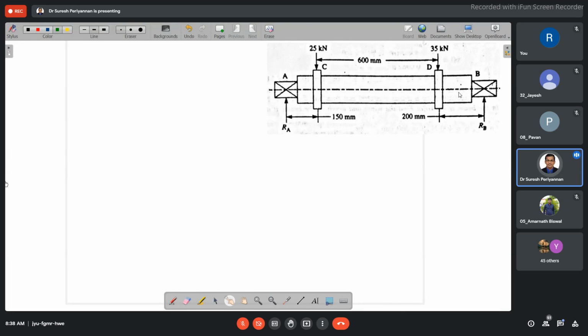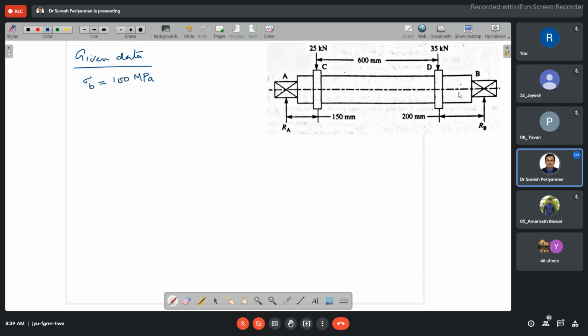Now the given data we know already, right? Sigma b is given as 100 megapascal.